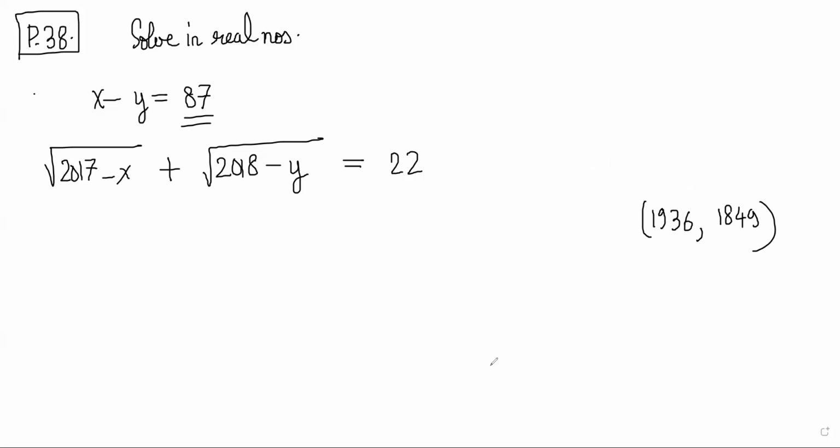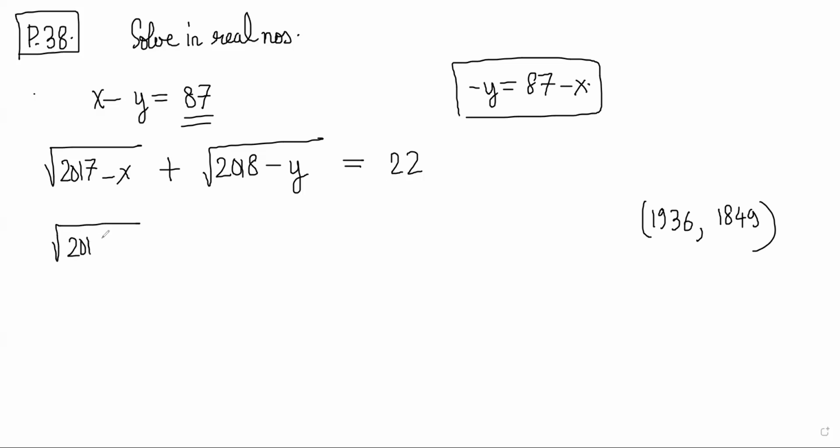Aaradhya, have you tried anything? Yes, sir, I have a method. So, minus y is equal to 87 minus x. So, we can substitute it in the second equation. So, under root, we'll get under root 2017 minus x plus under root 2105 minus x is equal to 22.